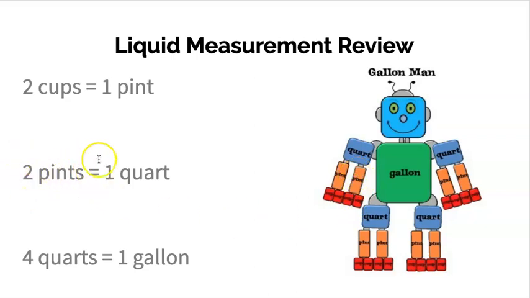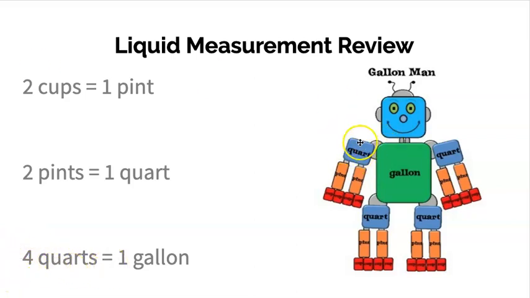2 pints equal a quart. So here's our 2 pints, and they go together, equal a quart. See, 2 pints connected equals a quart on each side. 2 pints a quart, 2 pints a quart, 2 pints a quart. And then 4 quarts give me a gallon.